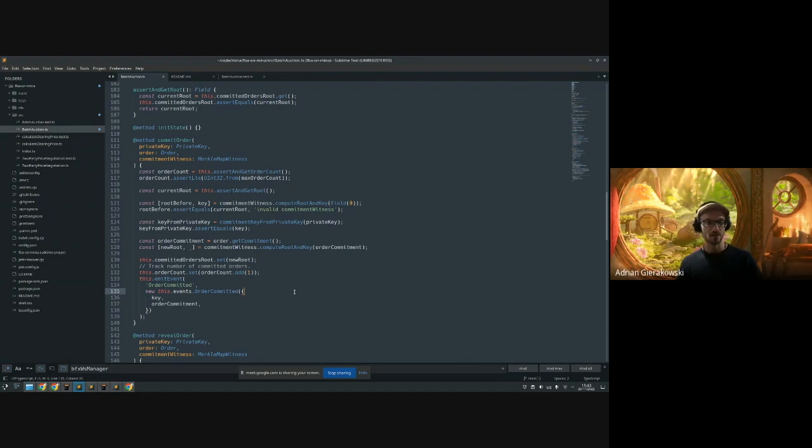I don't know how reliable the event mechanism is for that. If I'm a third party listening to those, can I be certain that I get all of them? But the condition for you to take part in this is that you need to know the full state. You need to know all the commitments that have been committed so far for you to submit your own.